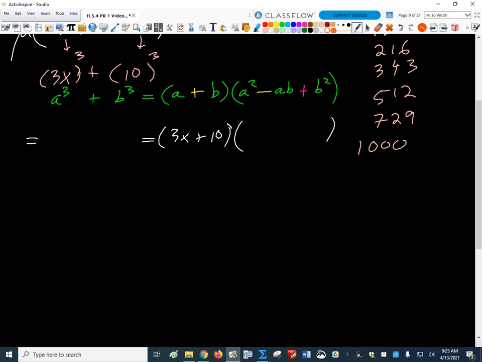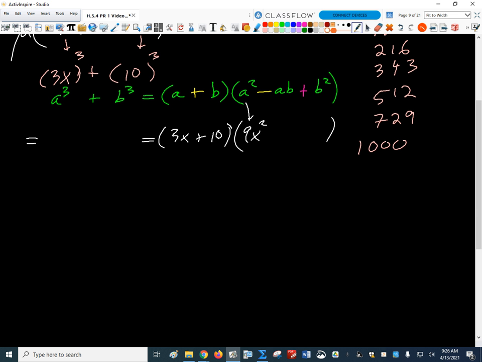Not that tricky, but it's a common mistake people make on this term right here. So a is 3x. What's a squared? It's not that tricky. 9x squared, right? People sometimes want to do 3x squared there. For some reason, it seems like that's a common mistake.